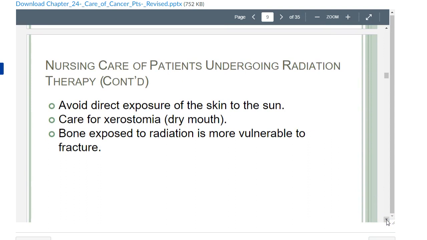Now you want to think about some of the areas that are very, very sensitive and most sensitive to radiation: bone marrow, the skin, mucous membranes, hair follicles, and reproductive tissues.